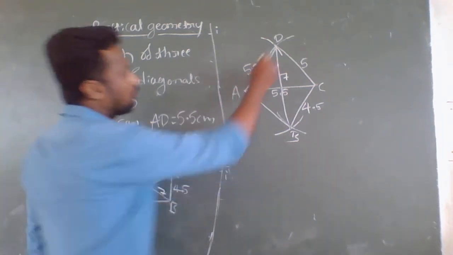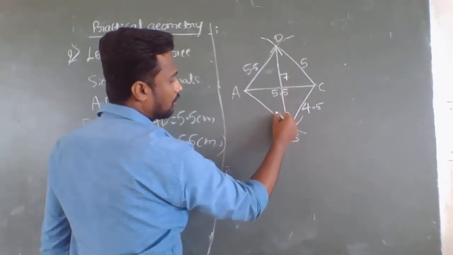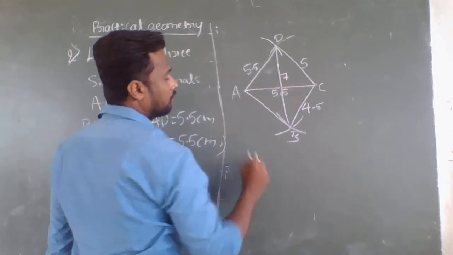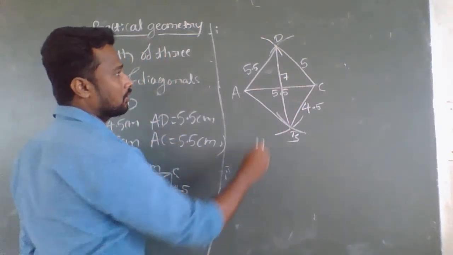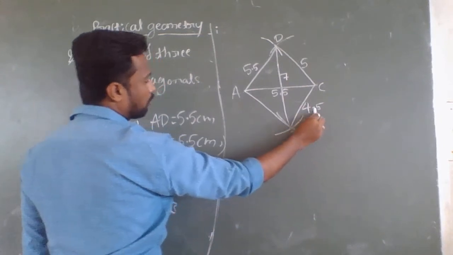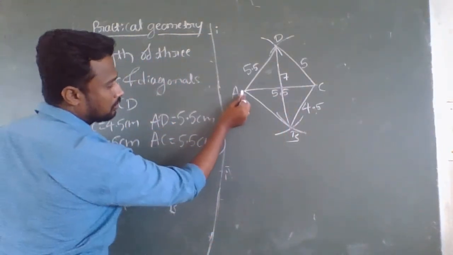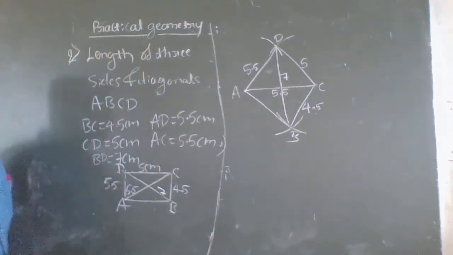So here from point D to B, I will draw an arc which is 7 centimeters. Now I will join CB and DB. This is 4.5 centimeters. This is 7 centimeters. Now I will join points A and B.